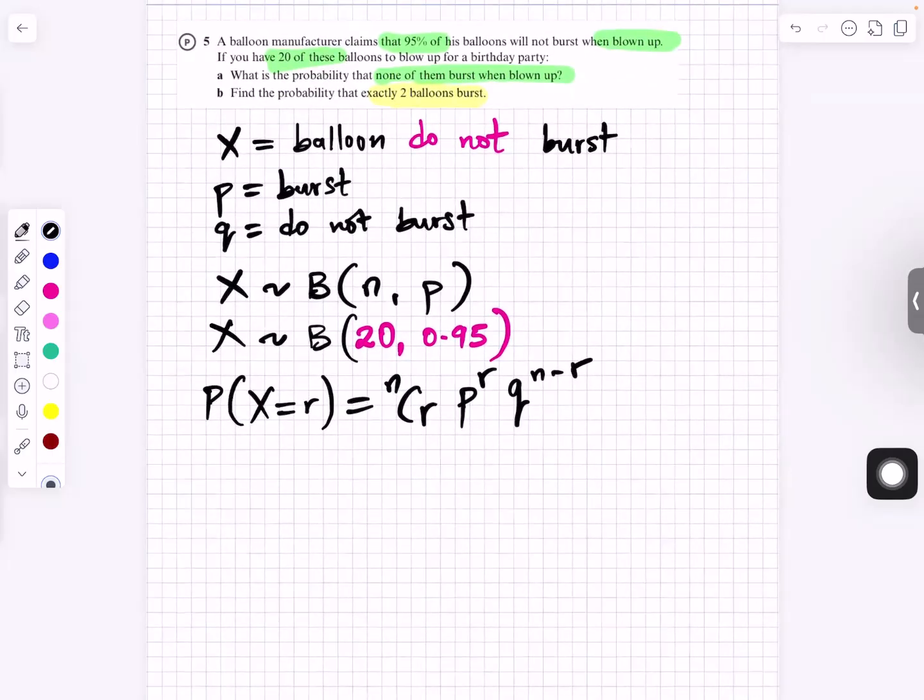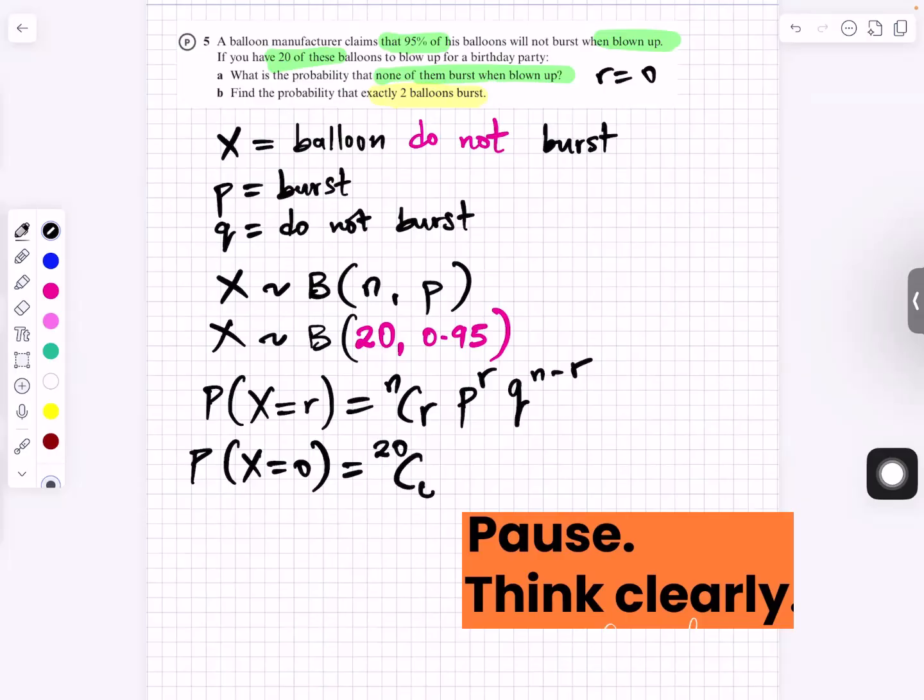We want 0. The first one says, what's the probability that none of them burst? So that means r is 0. So probability of X equals 0 will be 20C0, probability is 0.95 to the power 0. And what's the probability of not bursting? 0.05. 0.05 to the power 20 minus 0, to the power 20.